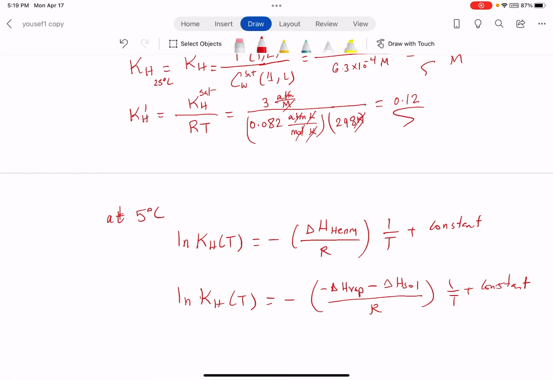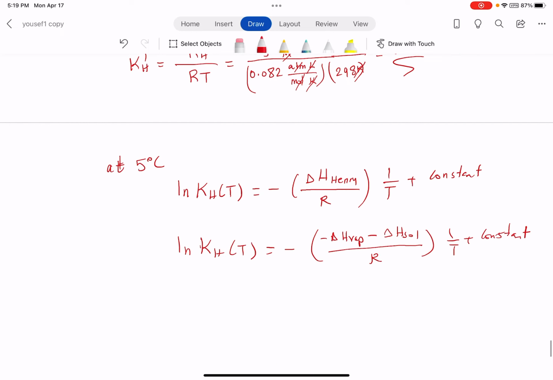Okay, let's go ahead and calculate Kh at 5 Celsius. We're going to insert all the reference temperatures and the temperature of interest into the previous equation and obtain the difference. Just look at the Excel sheet, you'll see the equation over there.